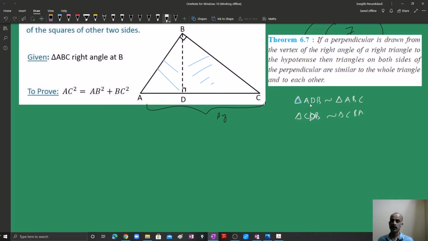This we can prove, and also they are similar to one another. Anyway, I will just explain this part quickly, and then we can use that. Two steps we can simply prove that.